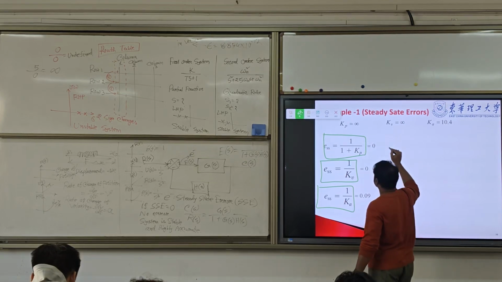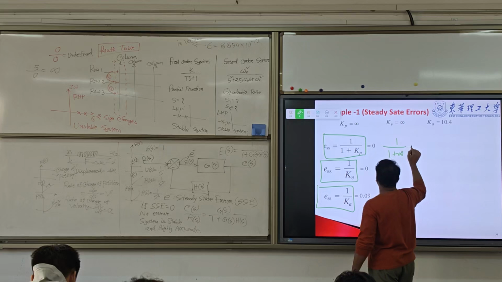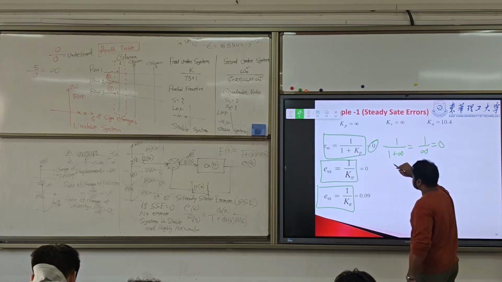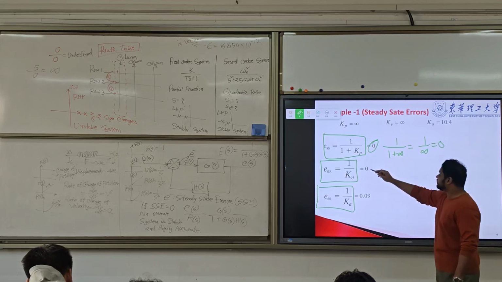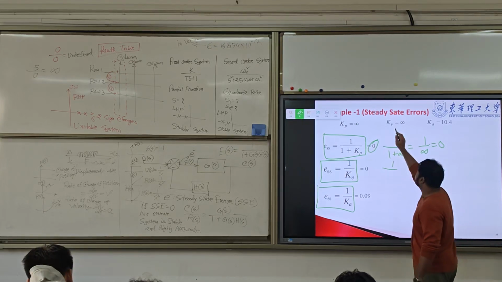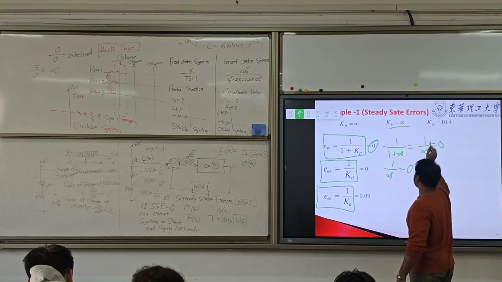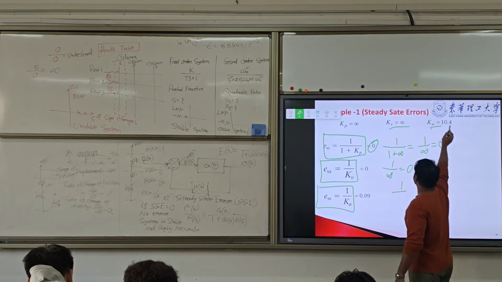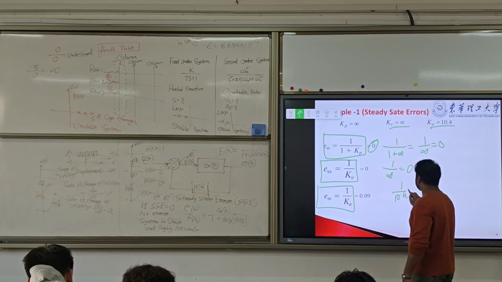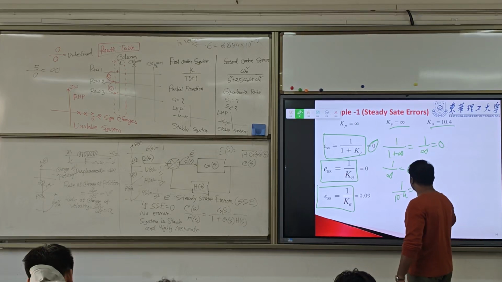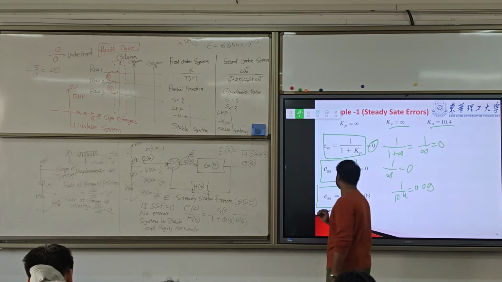So here, this is 1 by 1 plus infinity, 1 by infinity, 0. Again, here 1 by Kv is 1 by infinity, 0. Then again, 1 by Ka, 10.4, which is a finite value.